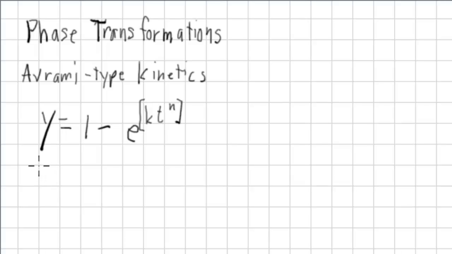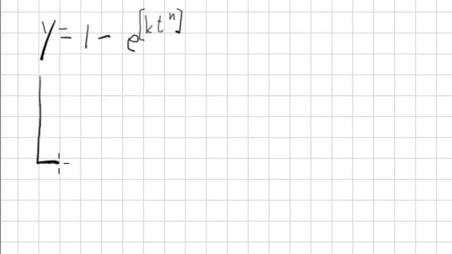Well, as we have a phase transformation, unlike in the previous chapter, it does not occur seemingly all at once. It will take a while. So we usually plot it on a graph such as this, and we have a value up here of 100%.